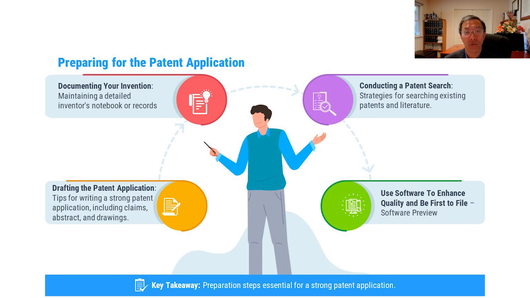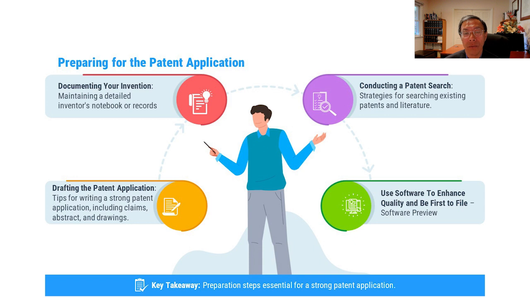There's a delayed national phase entry. It provides additional time to assess whether or not your invention is commercially viable before you commit to national filings, which can be very expensive. There's always an international search and preliminary examination.